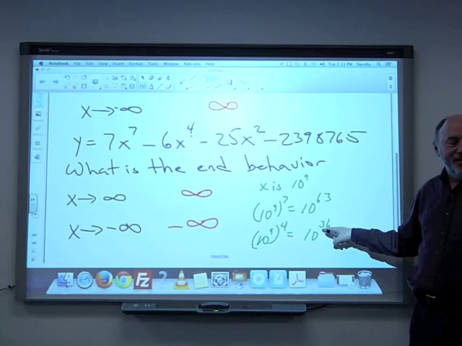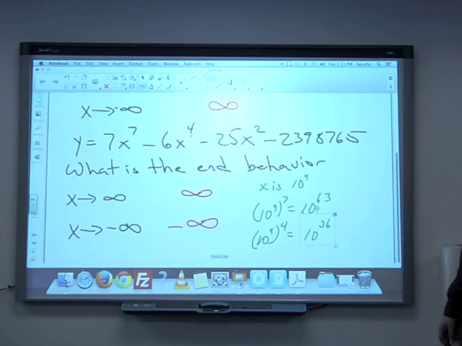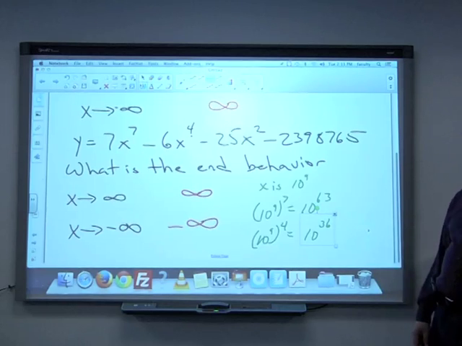So once we're heading out towards infinity, all the other exponents contribute nothing. It's only the biggest one that comes into play. So, given an equation, you ought to be able to tell what's happening when you get to the end.